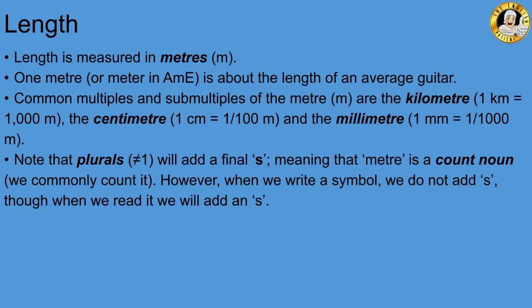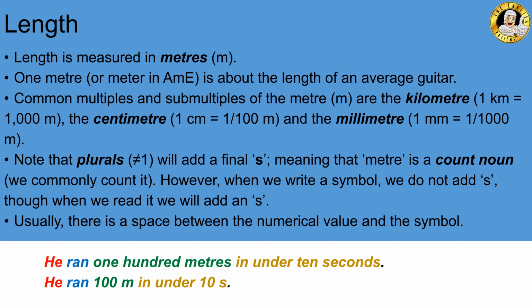Note that plurals, numbers which are not equal to 1, will add a final s, meaning that metre itself is a count noun. We can count it. However, when we write a symbol, we do not add s to the written symbol. So we would write 1000 m, not 1000 ms. Now, usually there is a space between the numerical value and the symbol.